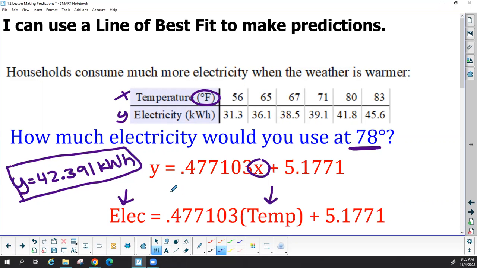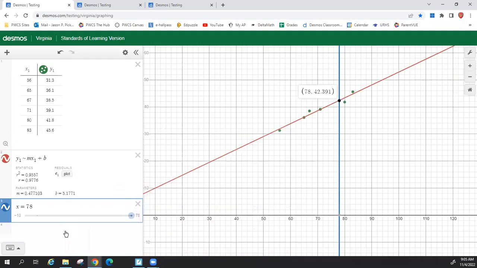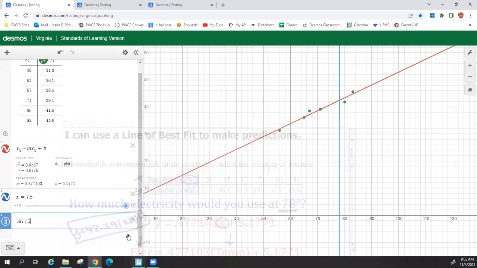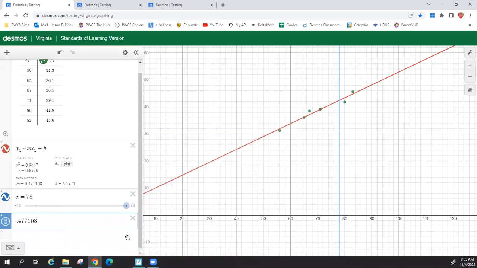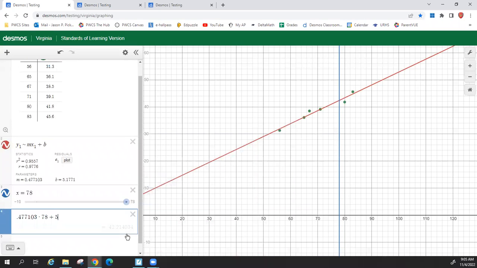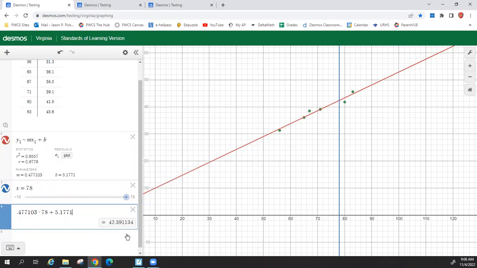The other way we could do this is by using our equation and plugging 78 in for X. Let me do it that other way. I could say 0.477103, I'll type the whole thing in, times 78 plus 5.1771. I'm just plugging it into our formula, and we get 42.391.